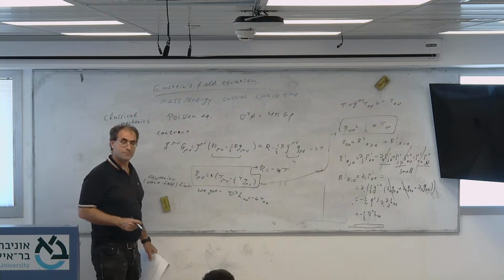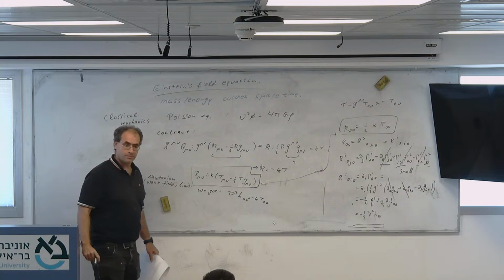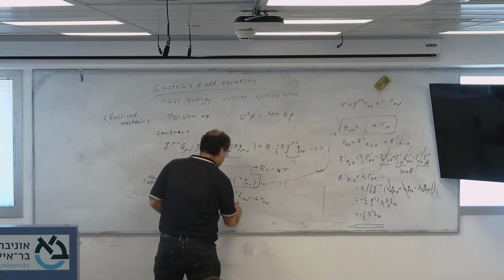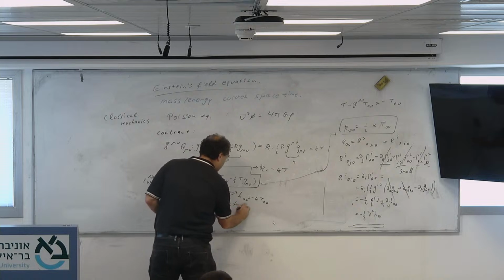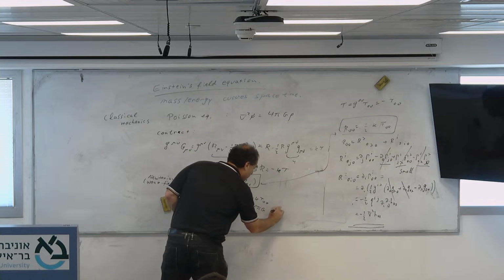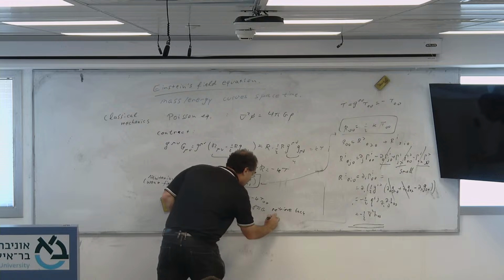That h00 is 2 phi. And we got 2 phi was 8 pi G. So what does it mean? If I identify kappa to be, so for kappa equal 8 pi G, we retrieve back the Newtonian limit.